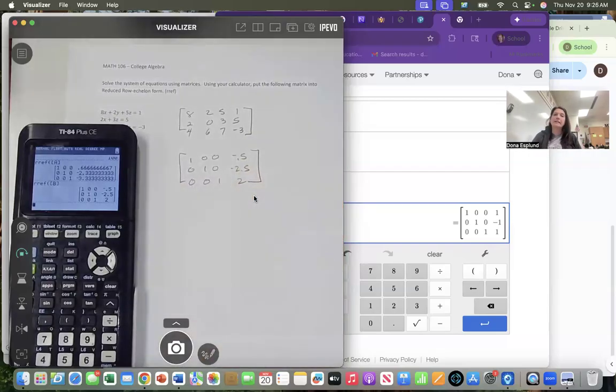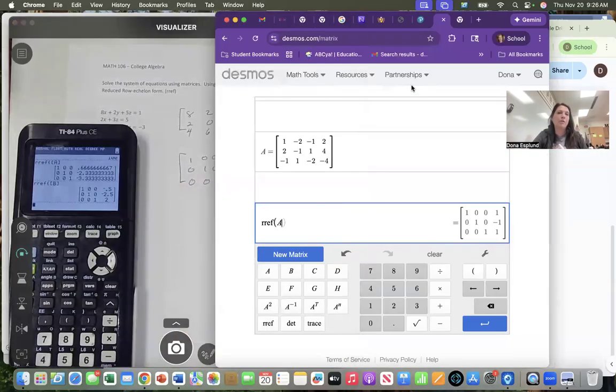Now, you may be asking yourself, what is she going to want to see for her test? Even though it is so simple to use either your calculator or your Desmos calculator, look at the problem that we did earlier.